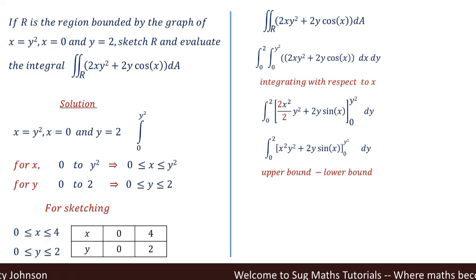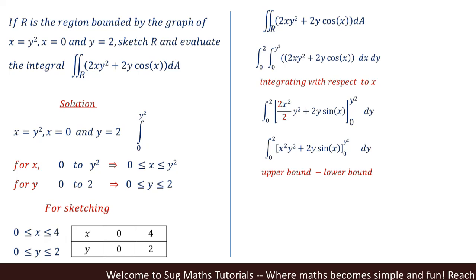Are we together? So we integrated with respect to x. Now we are substituting the value of x, the upper bound minus the lower bound of this x. And we say that x is running from 0 to y squared. Are we together? So when we substitute y squared, what do we have?